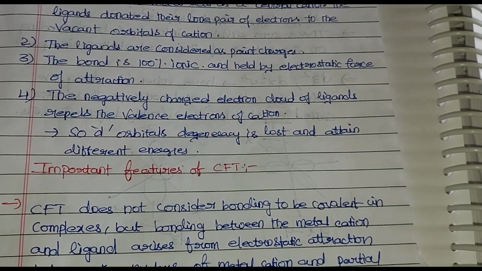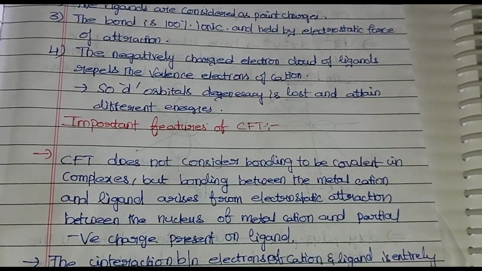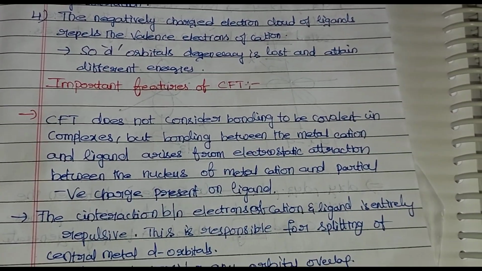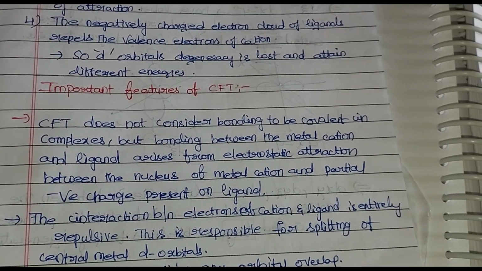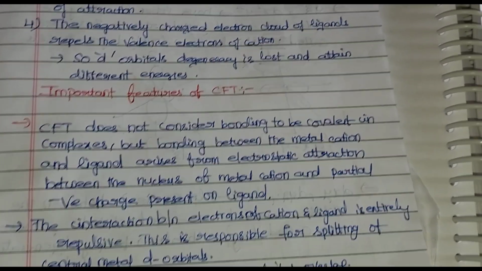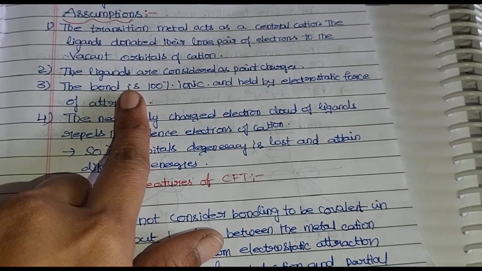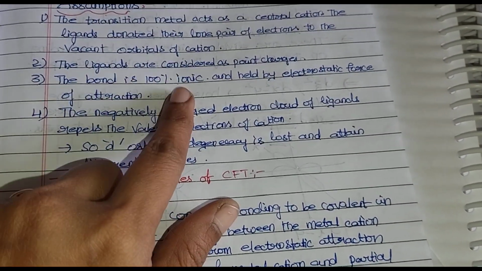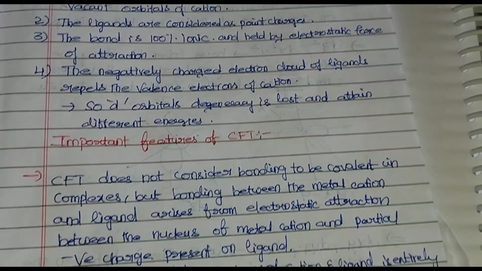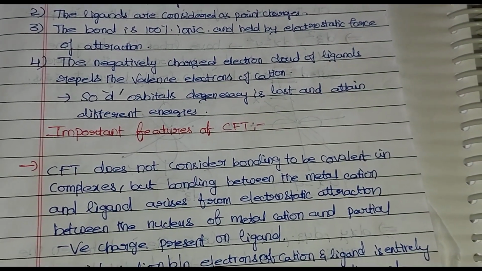So what are its features? What are the important features of crystal field theory? We'll see. CFT does not consider the bonding to be covalent. I already told in its assumptions that it assumes the bond is 100% ionic, so it will not consider the bond to be covalent.